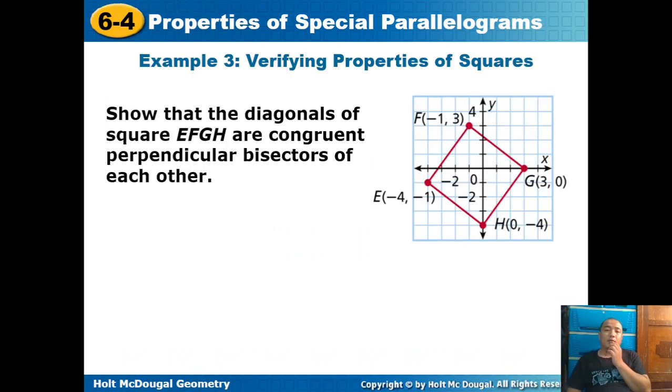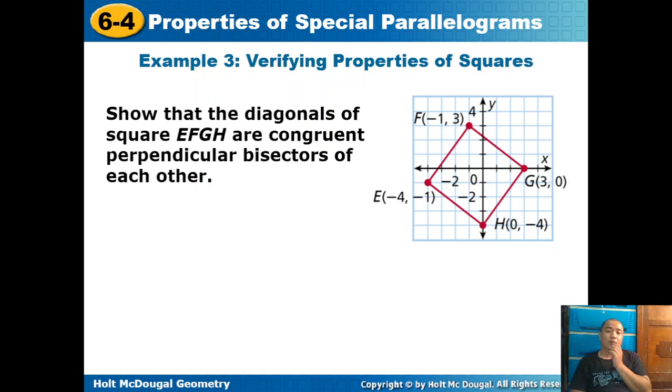Okay, verifying properties of a square: show that the diagonals of square EFGH are congruent, perpendicular bisectors of each other. How? We use the distance formula to show that they are equal.